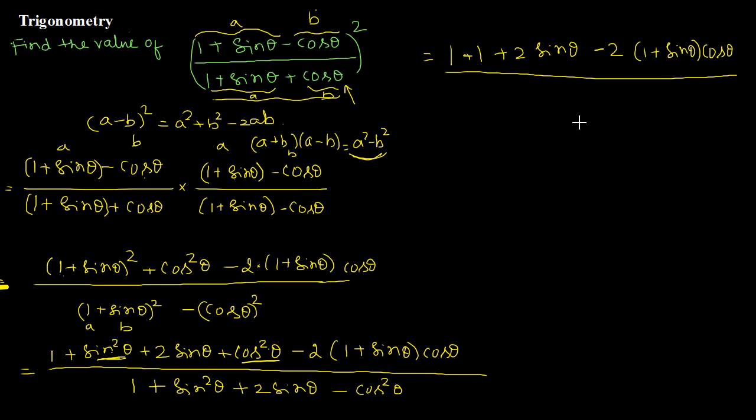Divided by, I have 1 plus sin² θ plus 2 sin θ, and minus cos² θ, I'll change it to 1 minus sin² θ. We can change it later, but I'm going to put it now, because that way I can make all of them into sine.